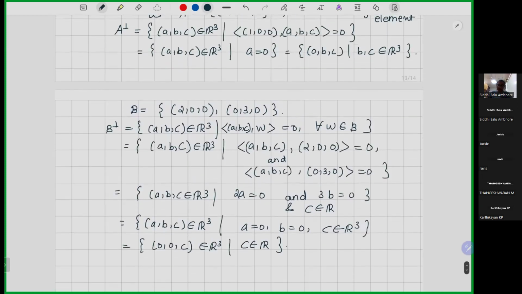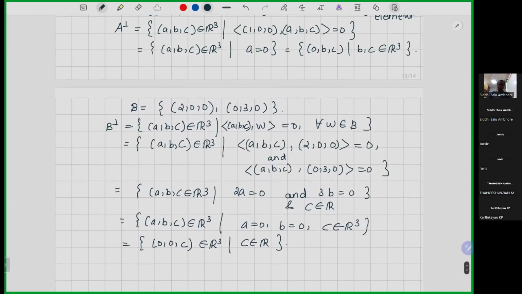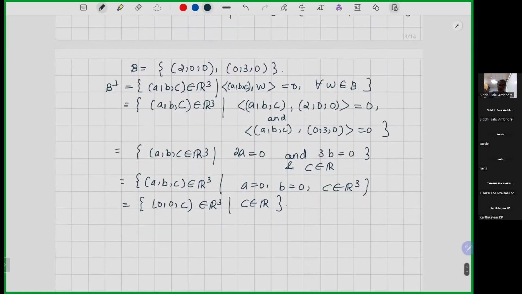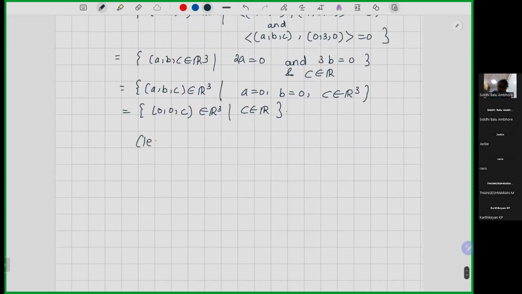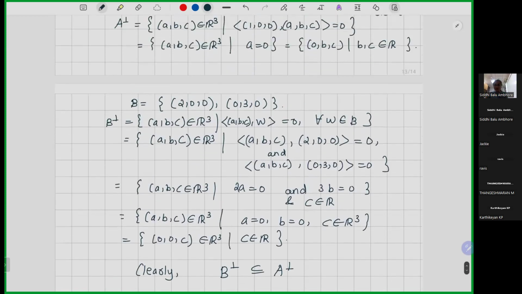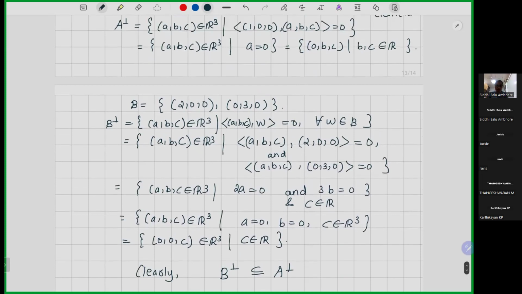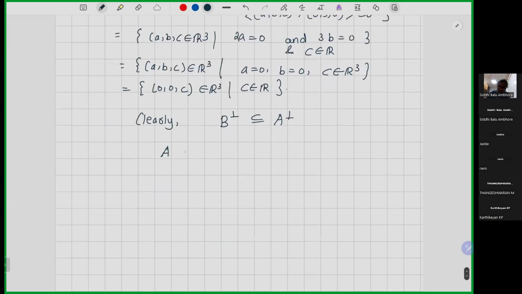So in this case, A perp, the orthogonal complement of A, was this (0, b, c), where b, c in R, and B perp, the orthogonal complement of B, is this set. So clearly, this B perp is contained in A perp, right? No doubts here. But A is not contained in B, because A is what?